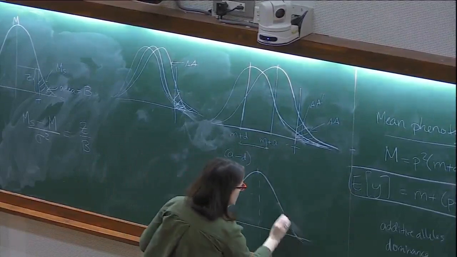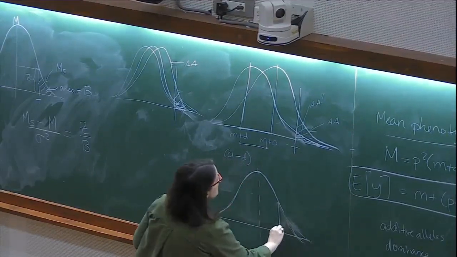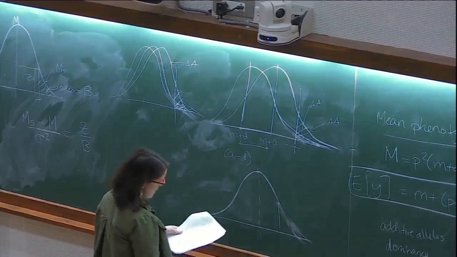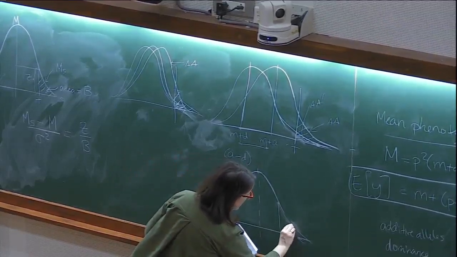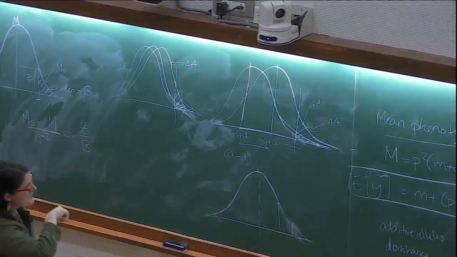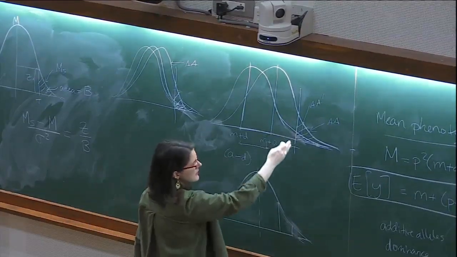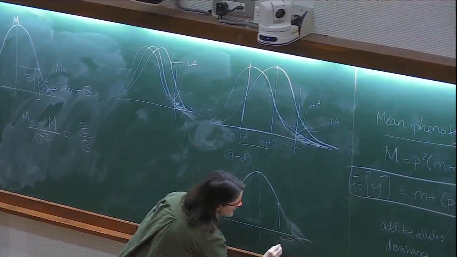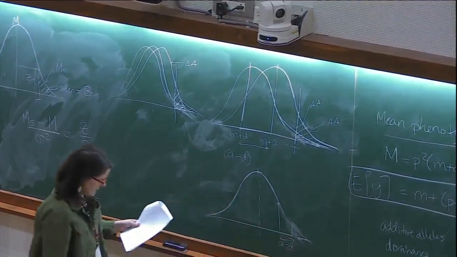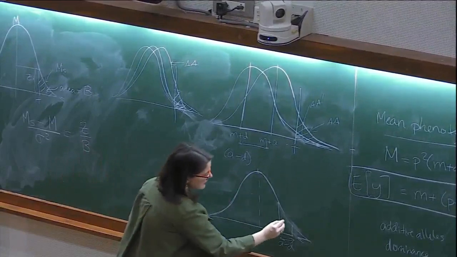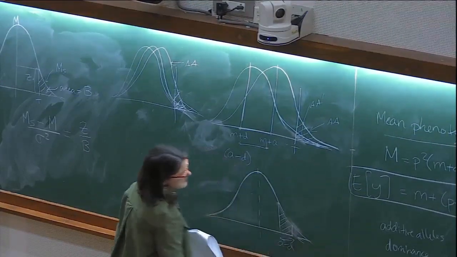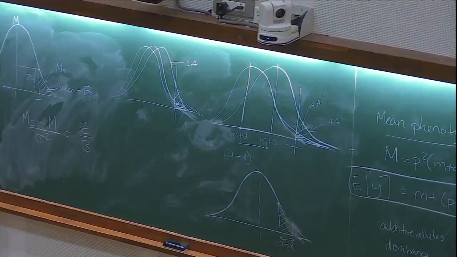So now, if I drew this, if I did this carefully, and showed how many of the AAs there are, and how many of the AA primes, here those things are together. Here, they're separated by a distance A minus D. And A minus D then gives the width of this difference, which is the difference in the proportions kept that were AA and AA prime. Now, I drew this like they're really far apart, but an aspect of this model is that each of these alleles shifts the distribution a very small piece.